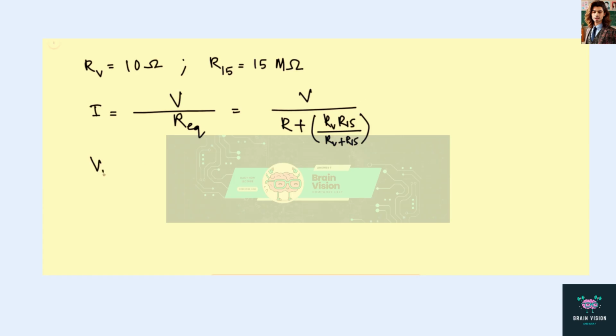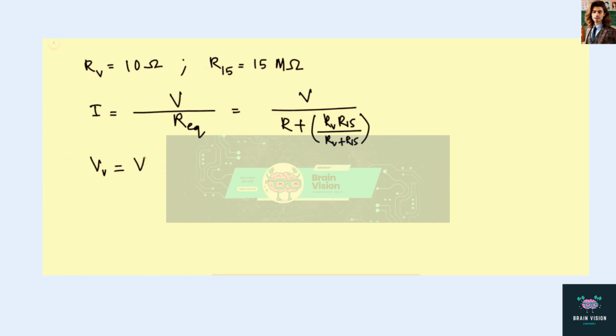Now VV, which is the voltage across the internal resistance, is I times the equivalent resistance of these two. This is because RV and R15 are in parallel, so the voltage across these two should be the same.